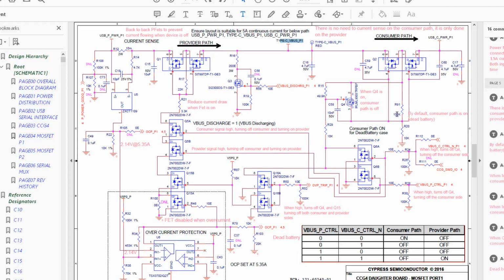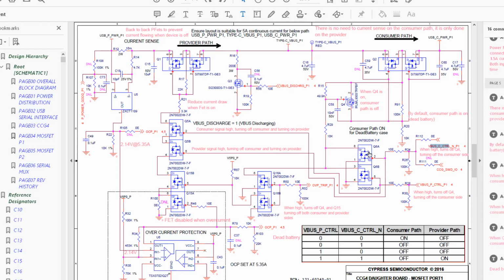Now, how do you turn off these resistors to tell it you don't want to be consumer path? You do that by turning on either one of these two. When you turn on VC control, this turns on this FET, which pulls this gate to ground.